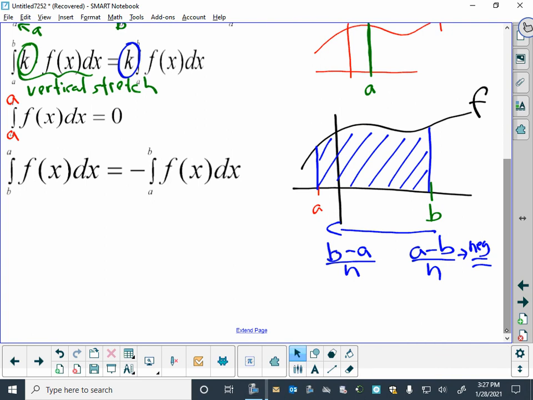And so my areas are going to come out the opposite of what I expected because the widths are negative. The heights are going to be what the heights are, but when I multiply a positive height times a negative width, I'm going to get a negative answer. And so when I switch the limits on my integrals, I get exactly the opposite of the answer I had when I started.